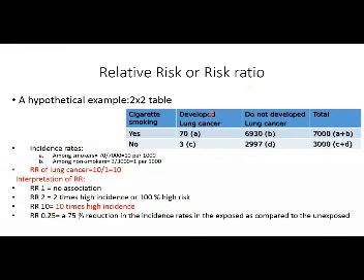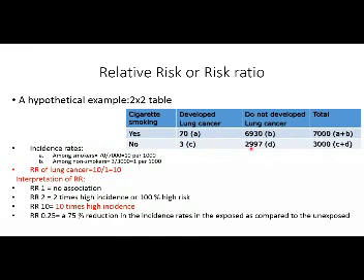Now, if we apply this same hypothetical example, this 2 by 2 table to say vaccination, cigarette smoking की जगह हम यहाँ पे लिख लेते हैं vaccination, vaccination against polio, and development of polio disease and no development of polio disease.